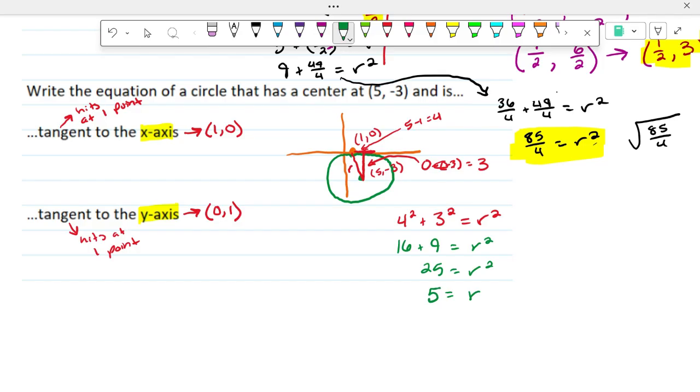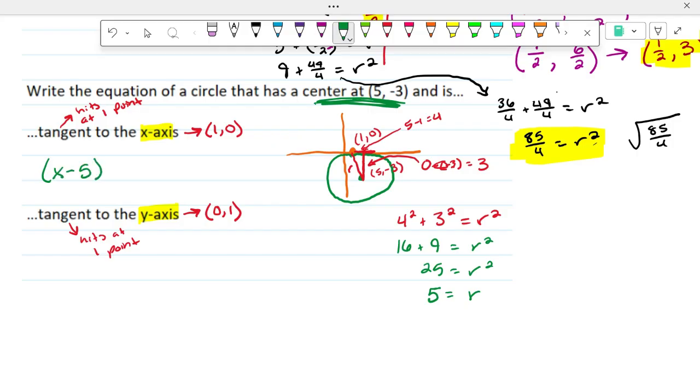So if I put this in the equation of a circle, so our center is this point. What's the equation if it's tangent to the x-axis? So what's my center? 5, negative 3. So how would I write that in the equation?